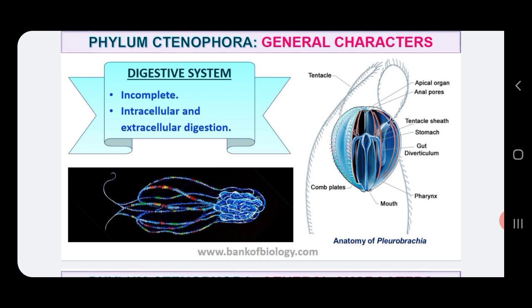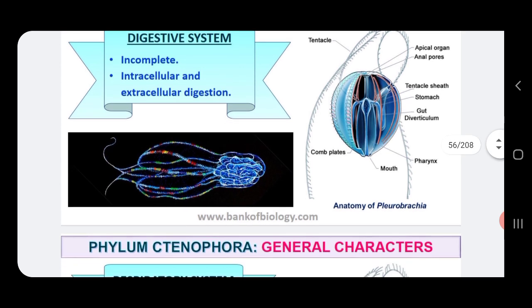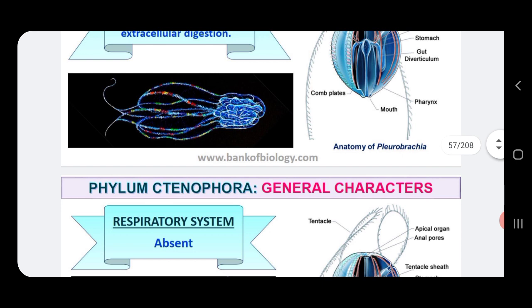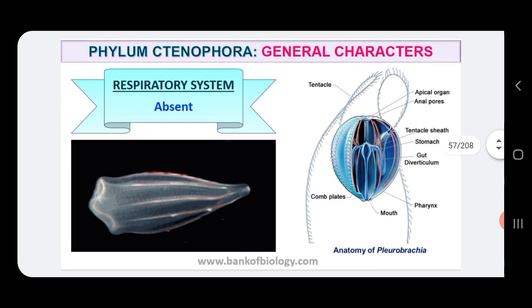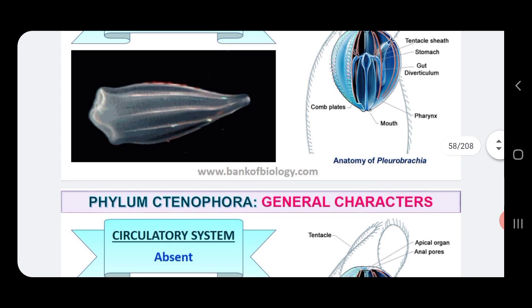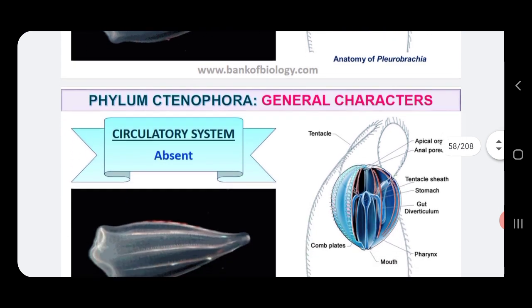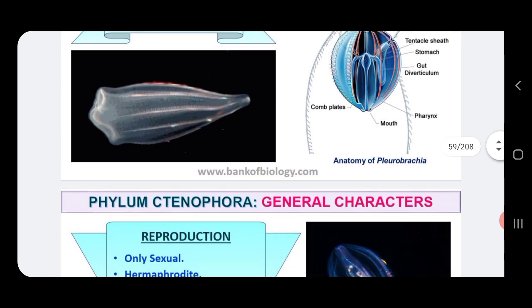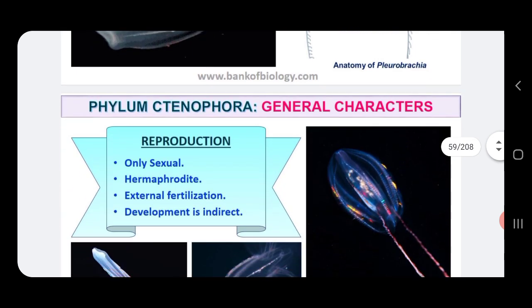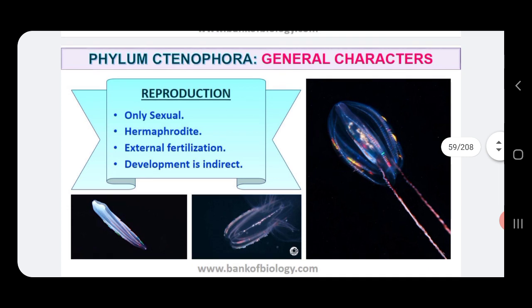Whereas the respiratory system is completely absent. Along with the respiratory system you can also see that the circulatory system is absent, along with that excretory organs are also absent, or you can say they are not developed.